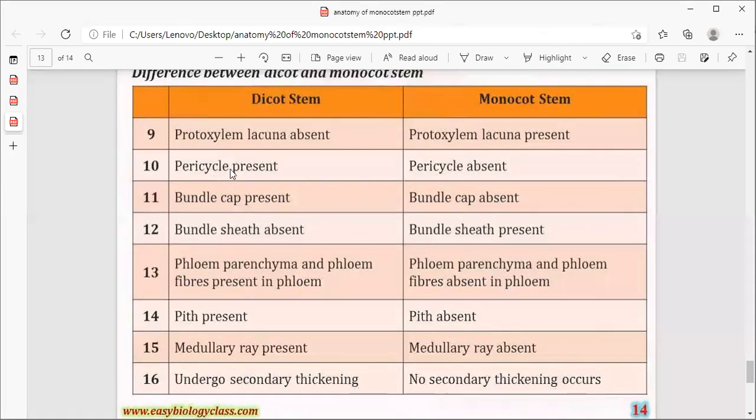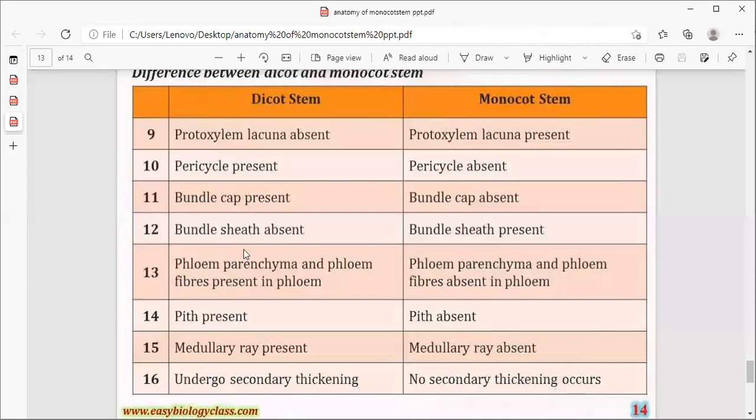In dicot, pericycle is present; in monocot, pericycle is absent. Bundle cap is present in dicot and absent in monocot. Bundle sheath is absent in dicot, while in monocot bundle sheaths are present.